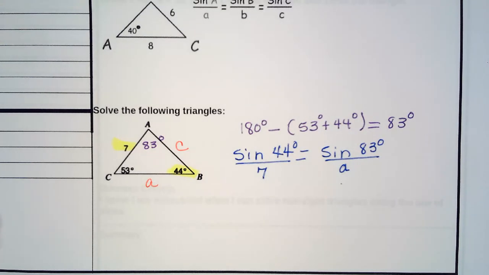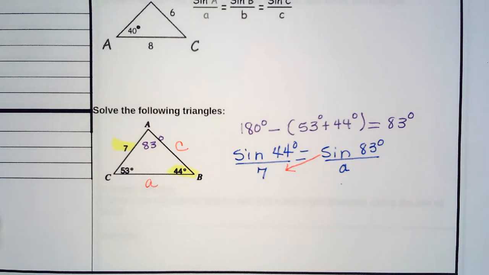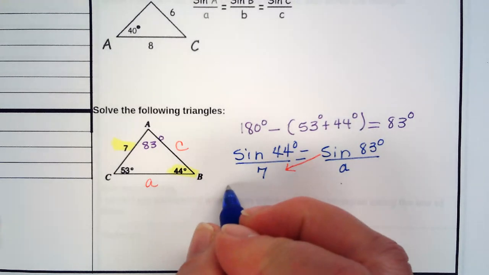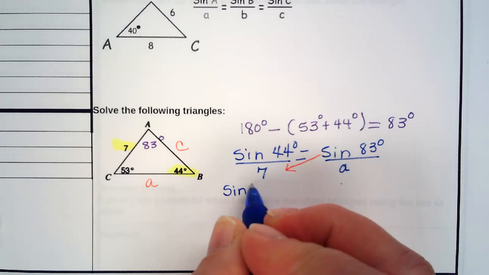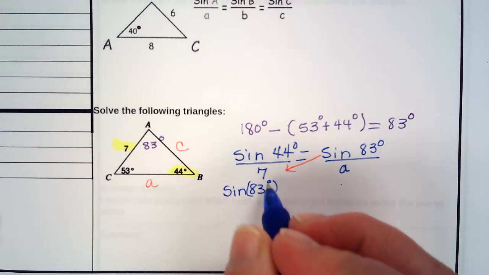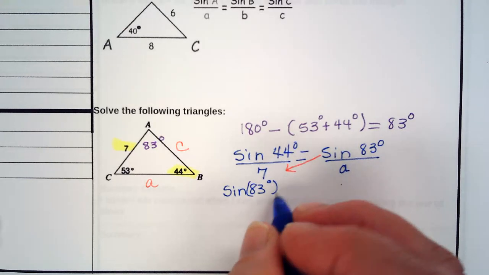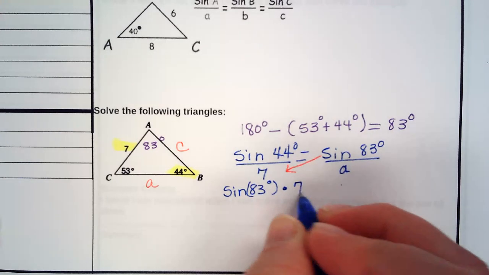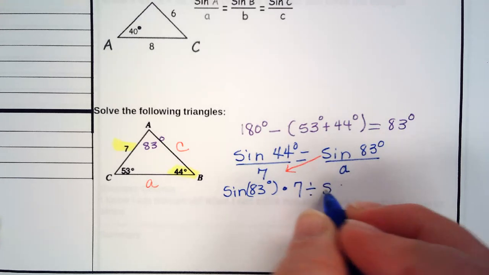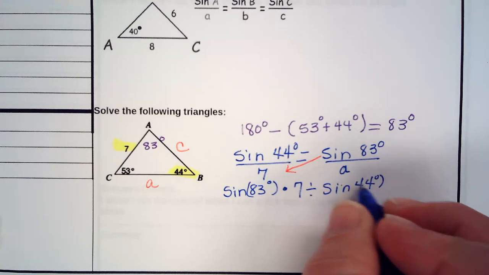So we start with that cross multiplication. The sine of 83 degrees. Remember, we can't put the degree symbol in, we just put the number, times 7 divided by the sine of 44 degrees.